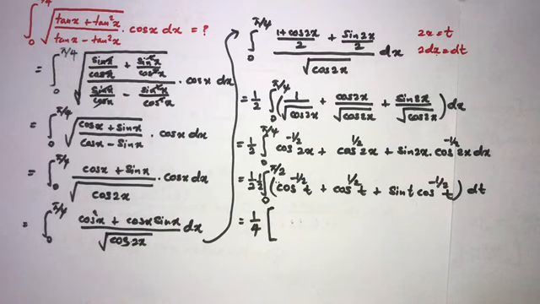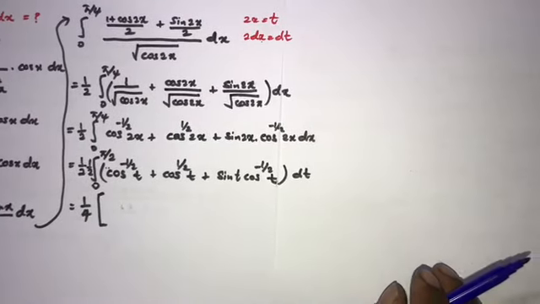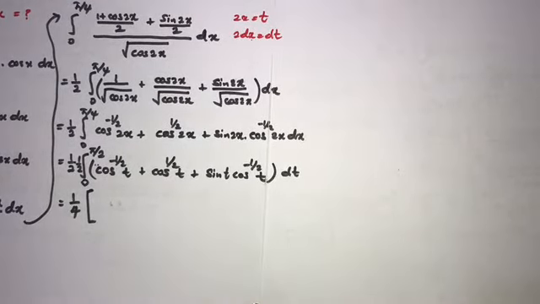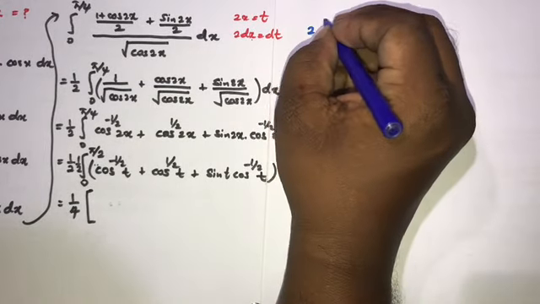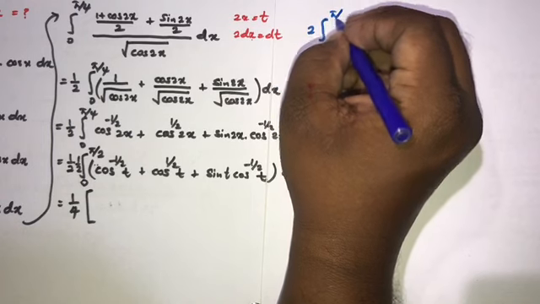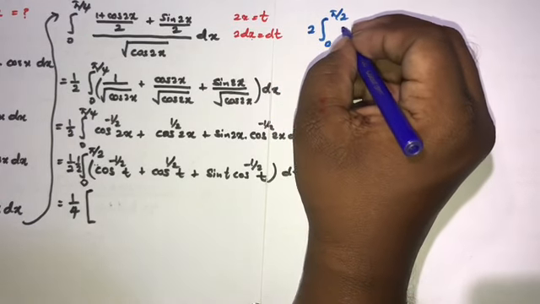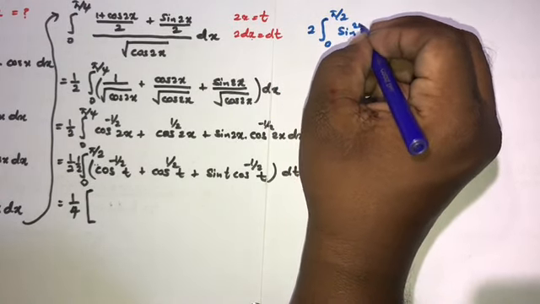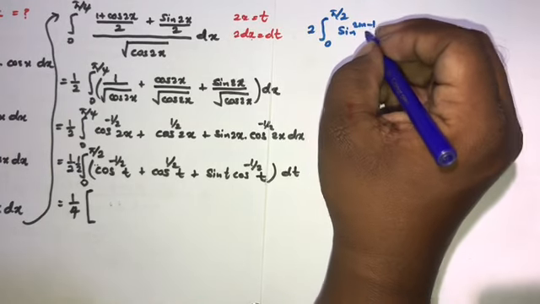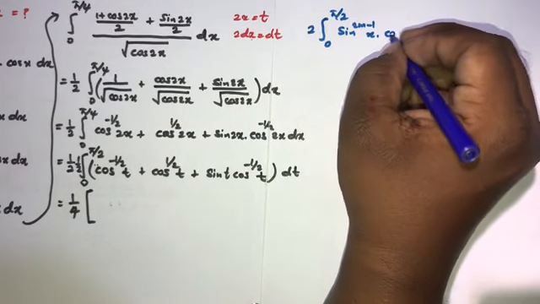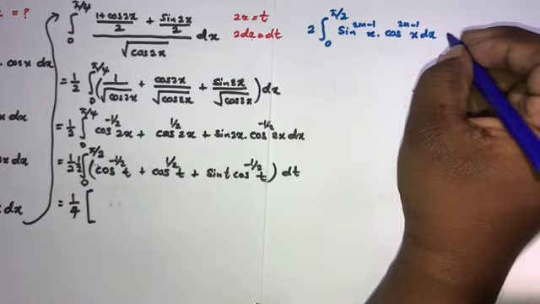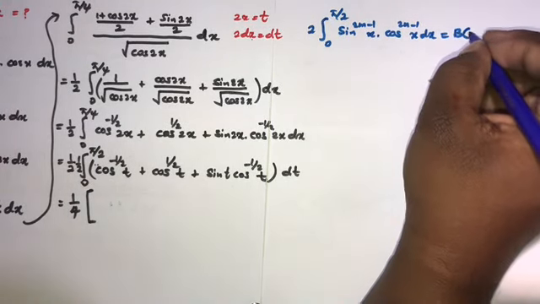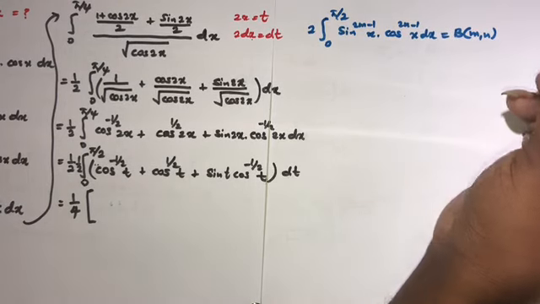Now this is familiar to us because we know about the beta function. For example, I'm going to take the beta function. We know 2 times the integral from 0 to pi over 2 of sine to the 2m minus 1 of x times cosine to the 2n minus 1 of x dx is equal to beta of m, n.